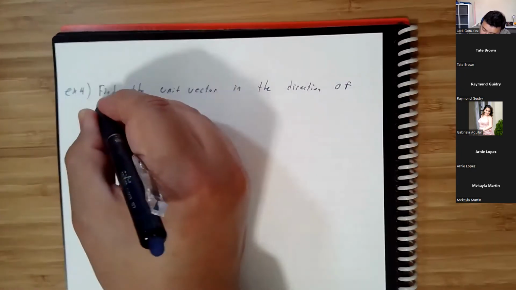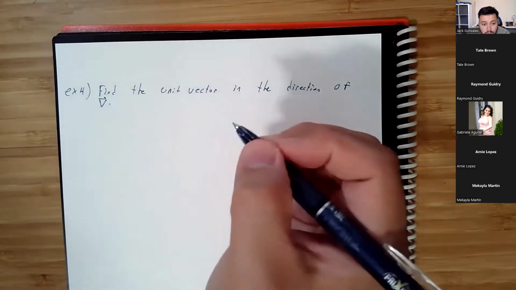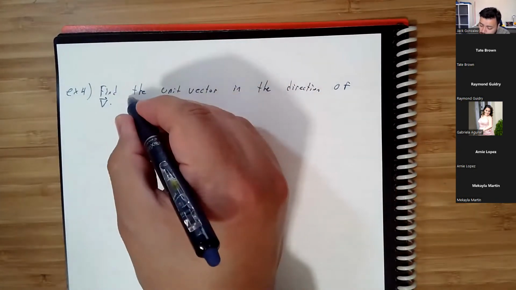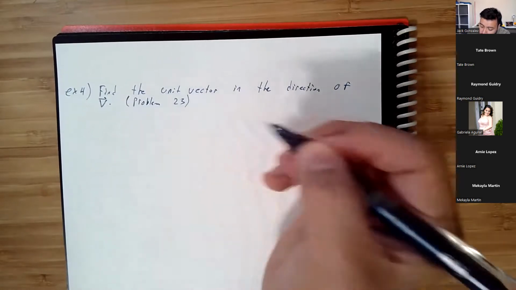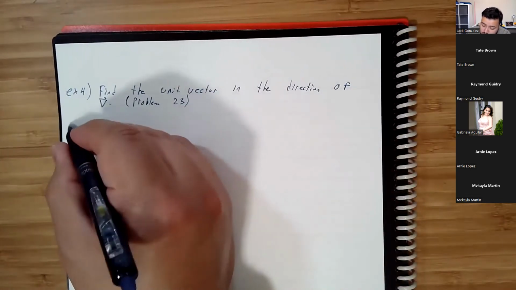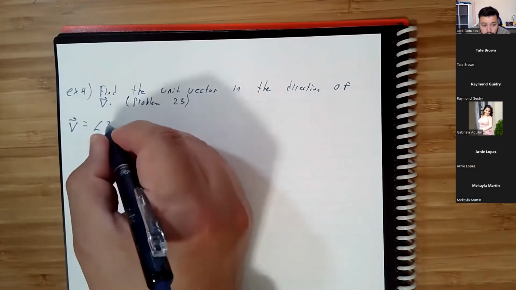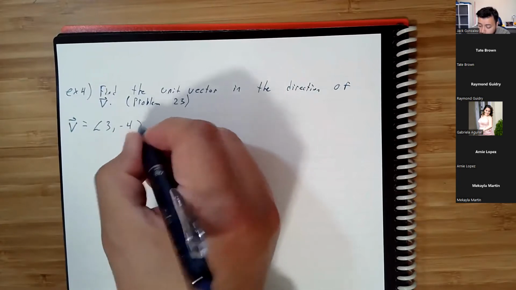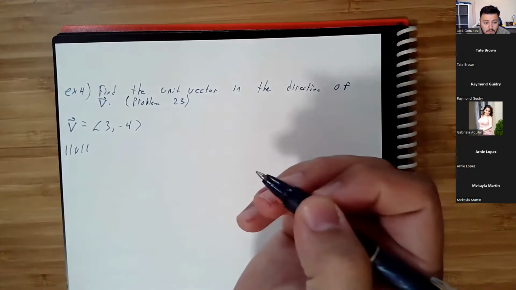Okay, I think this is 23. So a unit vector is just a formula. If they give you some vector v, 3 comma -4, the magnitude of v is going to be necessary.